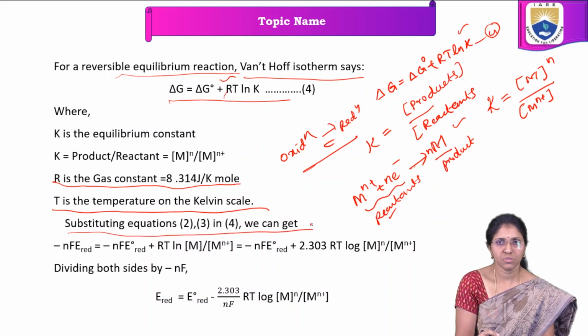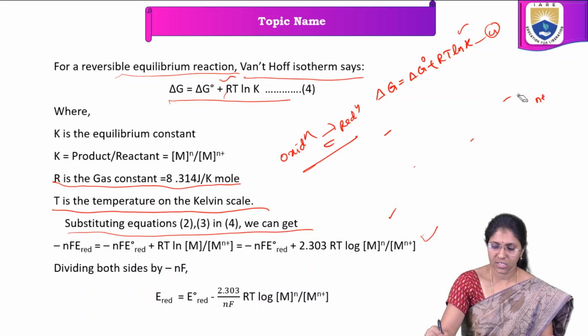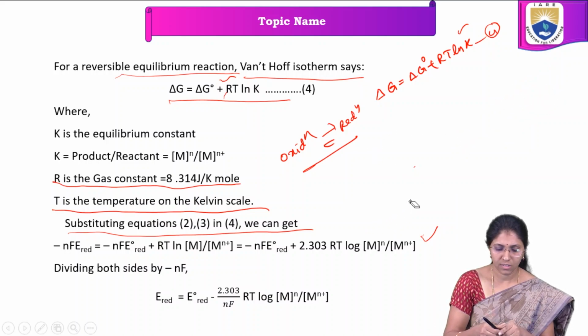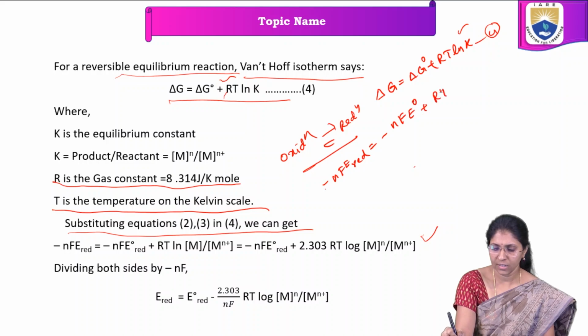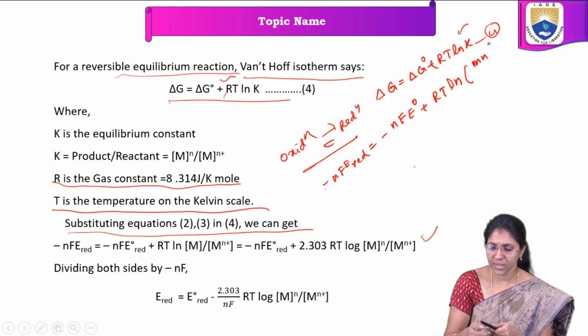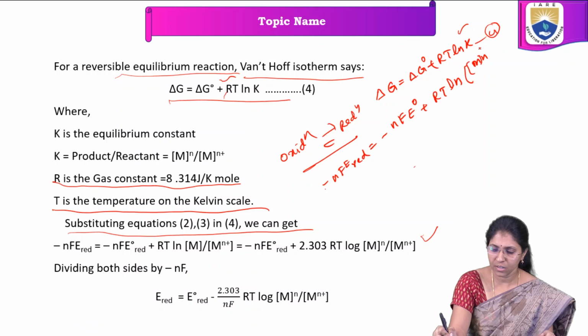So by substituting equations 2 and 3 in 4, we can get this equation. Minus nFE reduction equals minus nFE naught plus RT log K, where K is concentration of metal to the power of n, by concentration of metal ion.